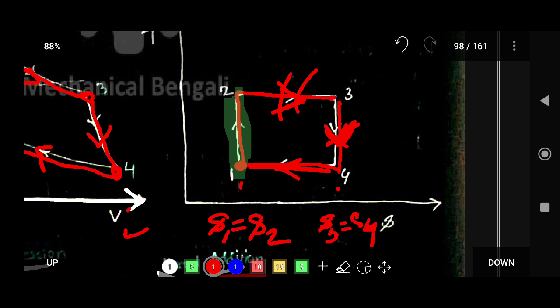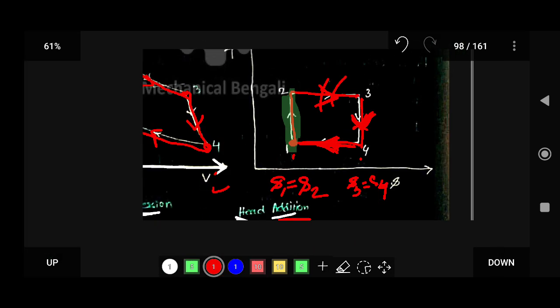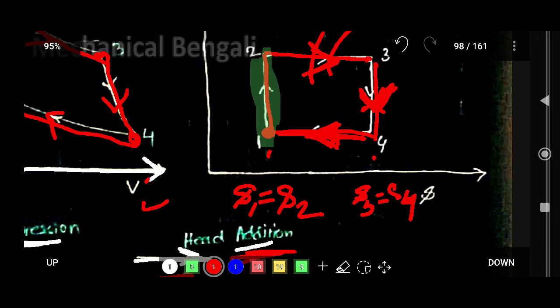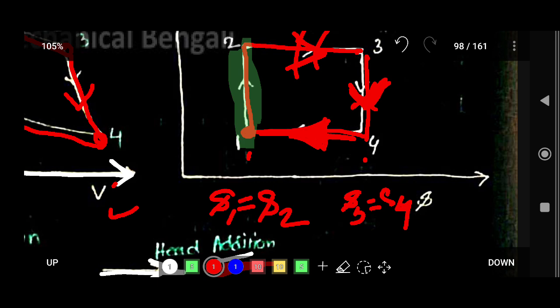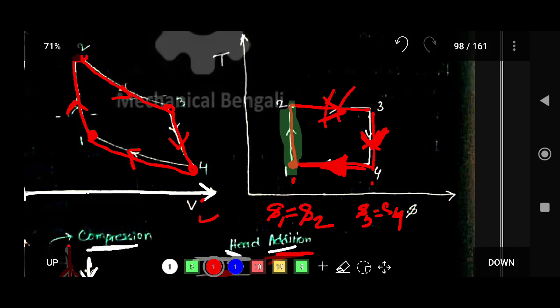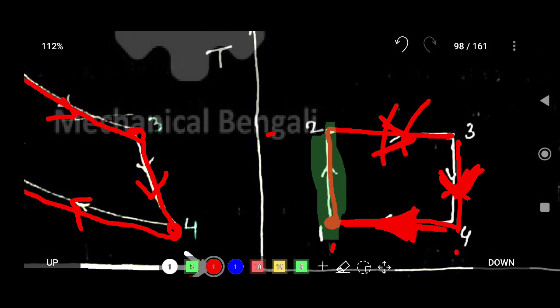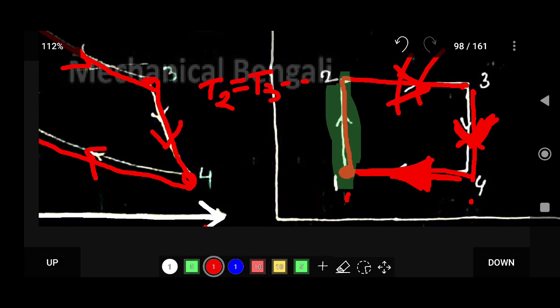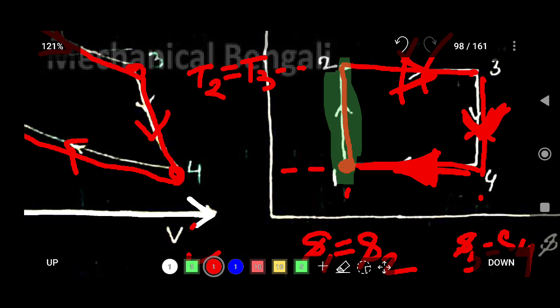And 4 to 1 is known as an isothermal heat rejection process, because the arrow indicates rejection. With respect to points 2 and 3, the temperature at point 2 is equal to the temperature at point 3, and the temperature at point 1 is equal to the temperature at point 4.